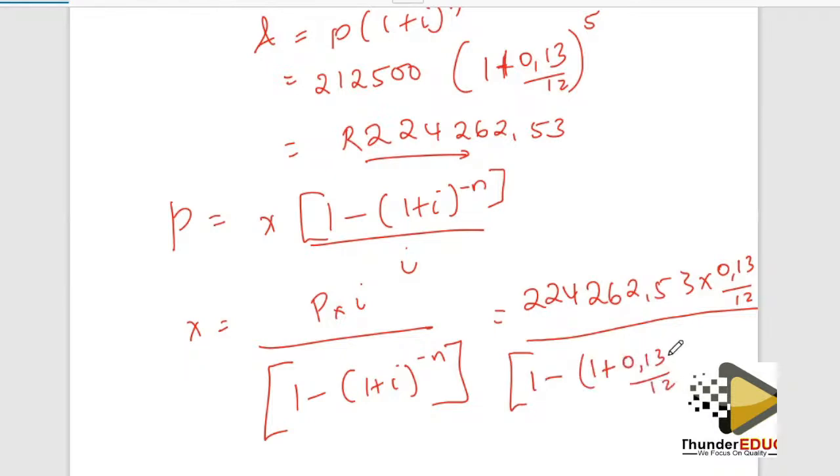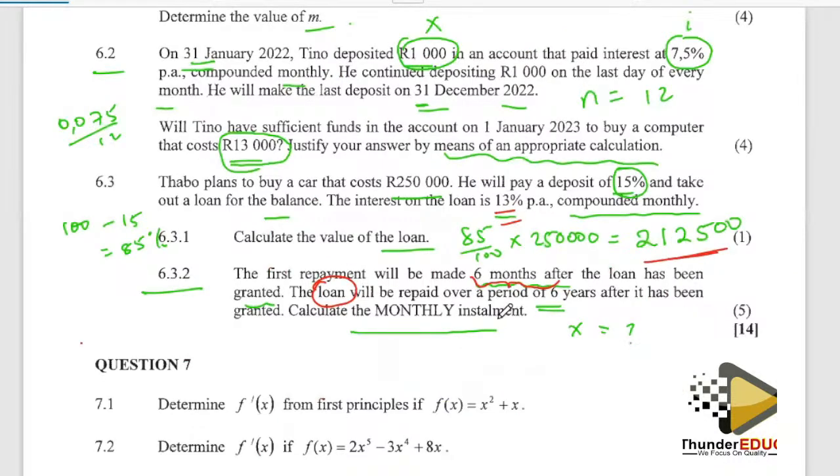0.13 over 12) to the exponent of how many months are we looking at? Now remember, they told us the loan will be repaid over 6 years. We know that in 6 years, 6 times 12, that's going to be 72 months.